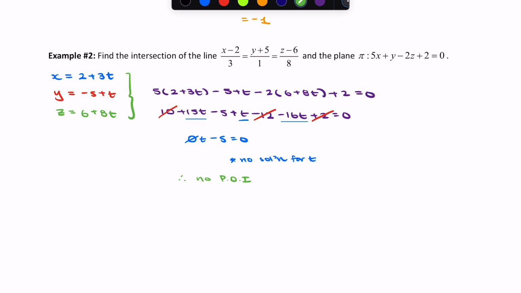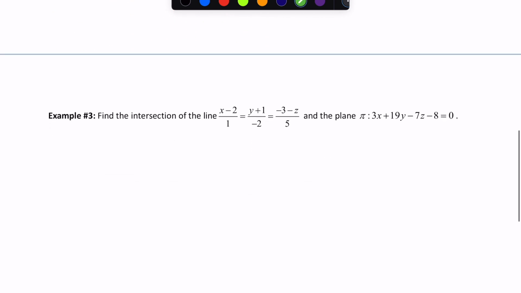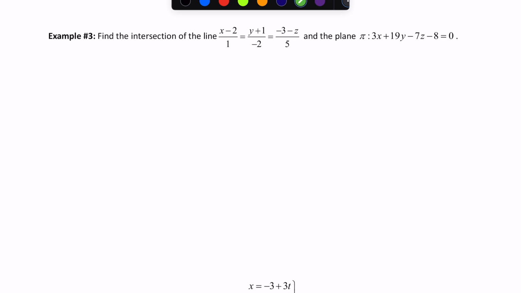Example number three says find the intersection of the line (x minus 2) over 1 is equal to (y plus 1) over negative 2 is equal to (negative 3 minus z) over 5, and the plane 3x plus 19y minus 7z minus 8 is equal to 0.